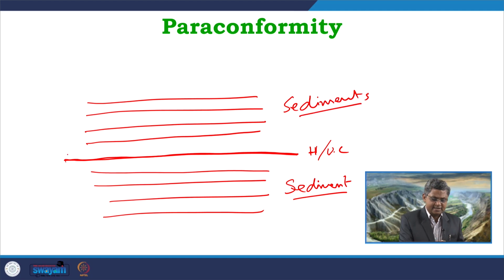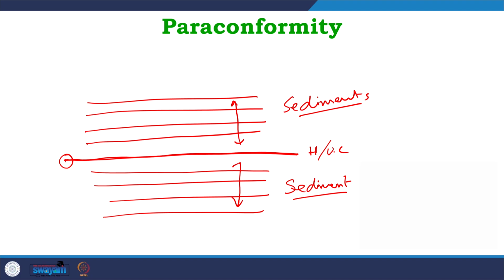So, in such cases this particular surface is called as a paraconformity, and often it becomes very difficult to identify this surface except there is some major age difference between this underlying and the overlying units. That age difference can be analyzed through some age dating method or maybe through association of some characteristic fossils demarcating completely different age.